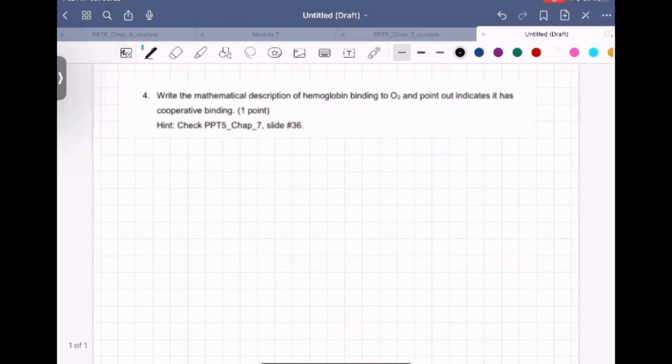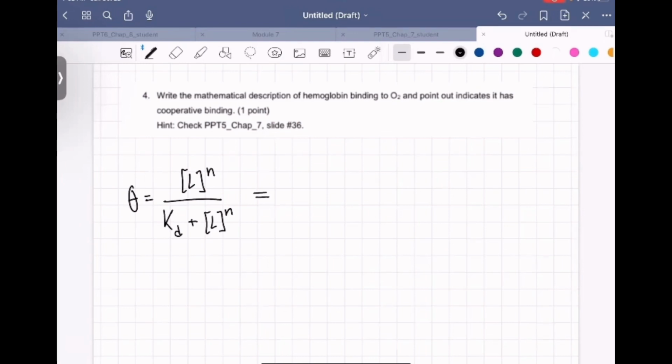Okay, write the mathematical description of hemoglobin binding to oxygen and point out how it indicates it has cooperative binding. So this equation would actually be the Hill equation, which is theta equals the ligand concentration to the Hill coefficient over the dissociation constant plus the concentration of the ligand raised to the Hill coefficient again.